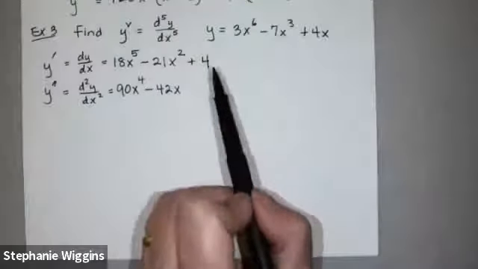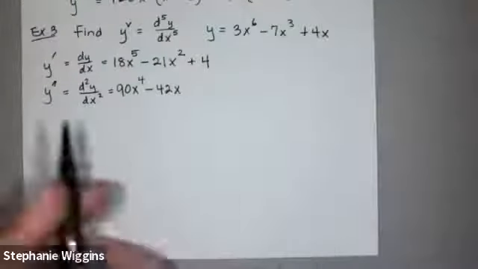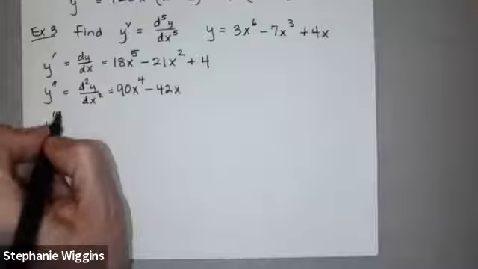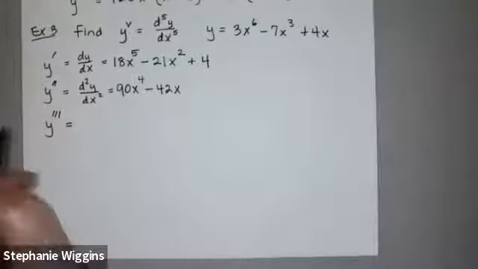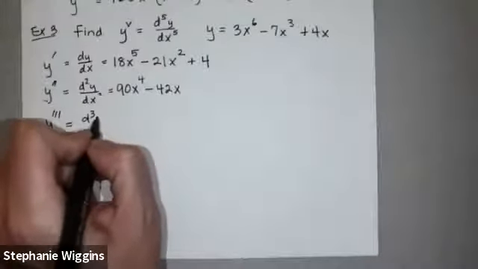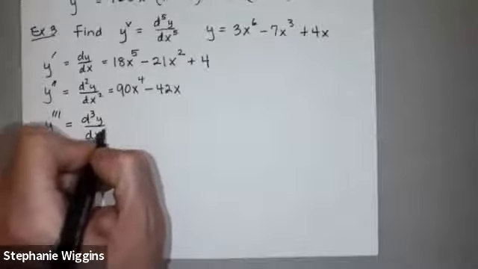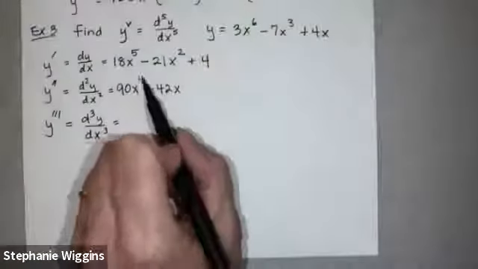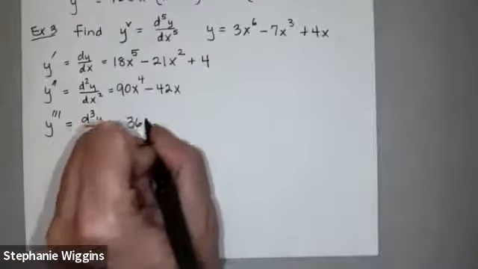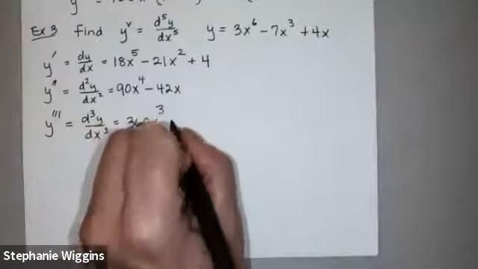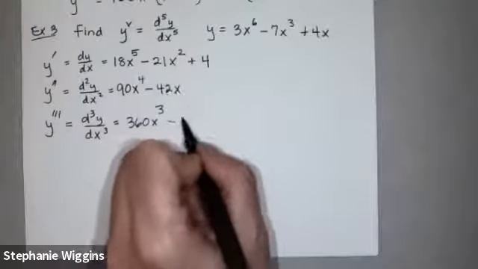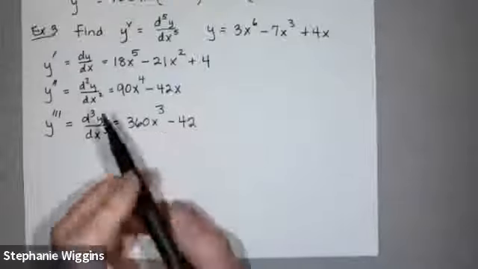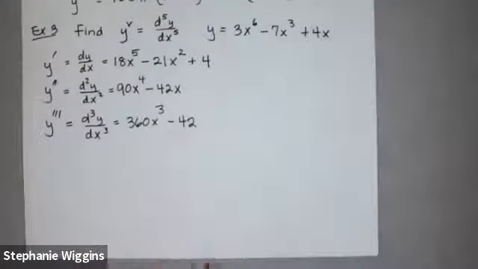And the derivative of 4 is 0, so I don't have to write that. Now the third derivative. Four times 90 is 360x cubed. And the derivative of this linear term is minus 42, because that's the constant in front of x.